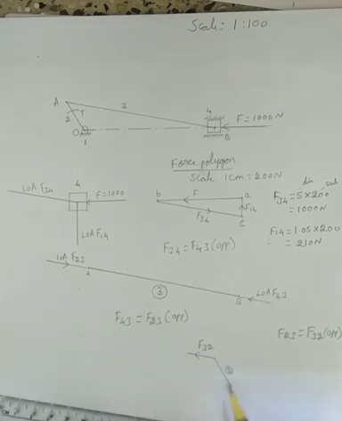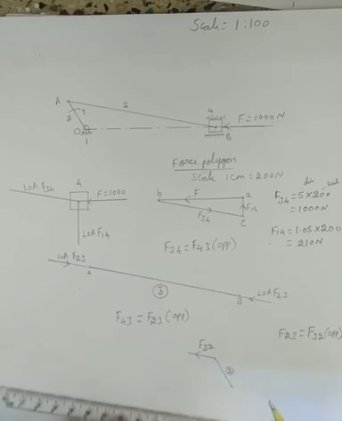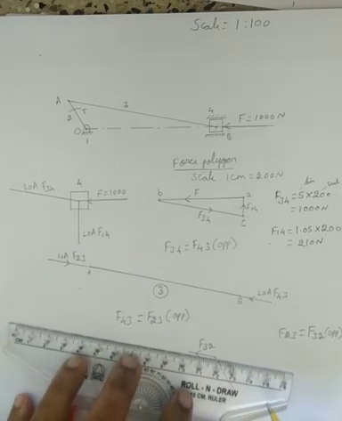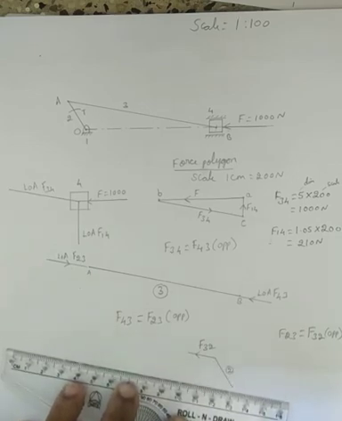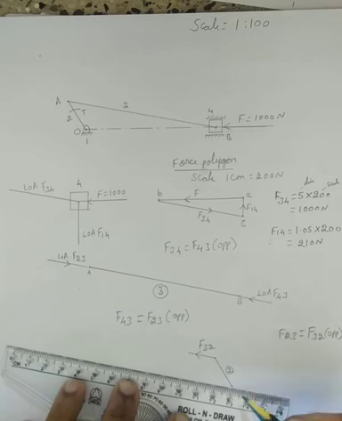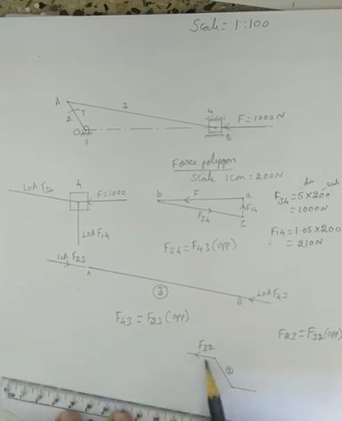Since the two forces are acting at different points, the line of action of F12 will be the same as that of F32, but in the opposite direction. If F32 is acting in this direction, F12 will act in this direction.